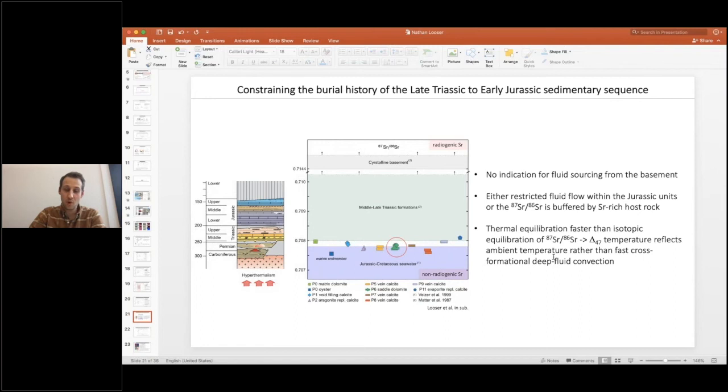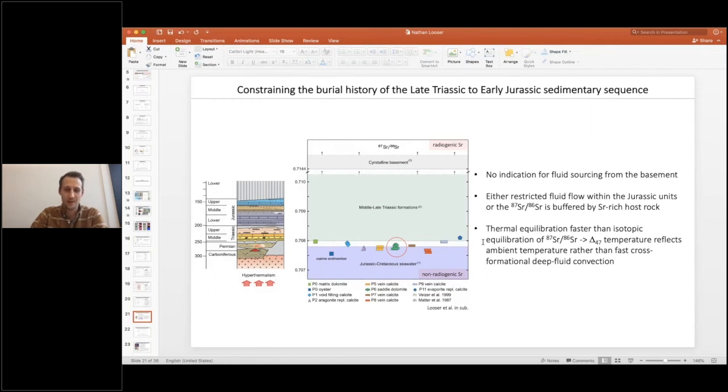Okay, so if the latter is the case, we can argue that this thermal equilibration takes place much faster than the isotopic equilibration of 87 and 86. That means then that this temperature actually reflects ambient temperatures rather than just a fast cross-formational deep fluid convection.